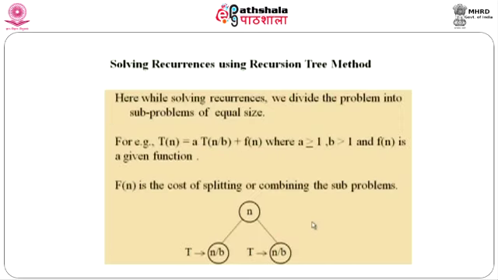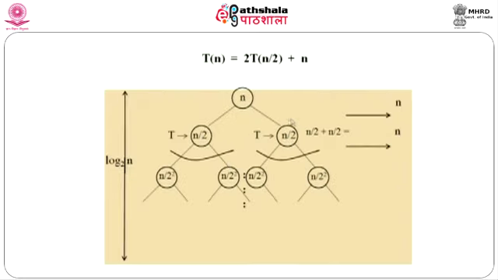Fine. So, I am taking a simple example, a nonlinear recurrence equation, T of n is going to be a into T of n by b plus f of n. If this is the case, then I can visualize that this n is going to be divided into problems of instance size n by b.